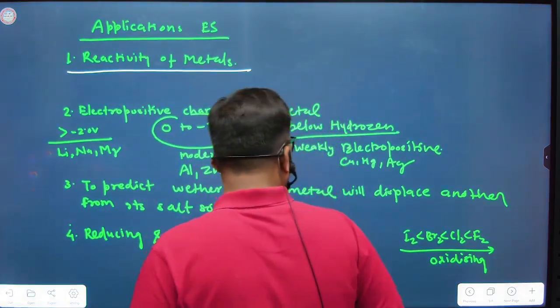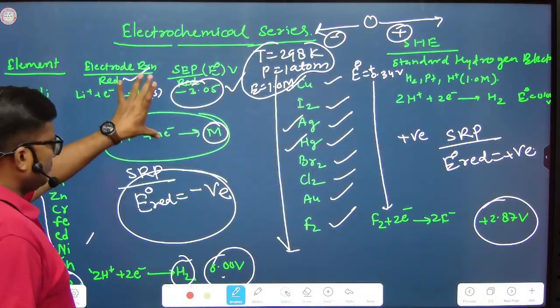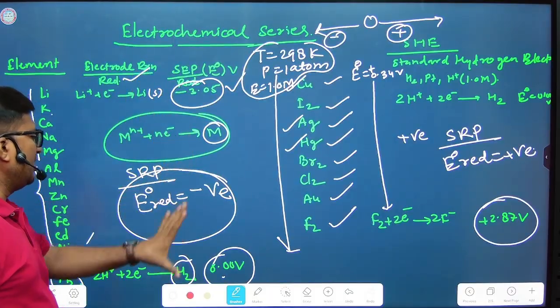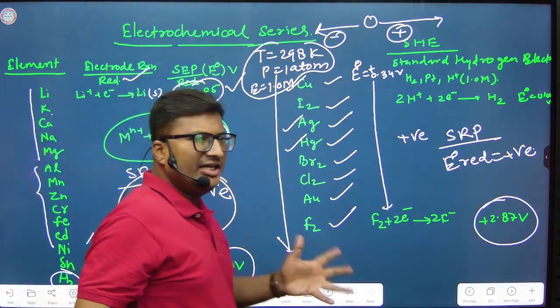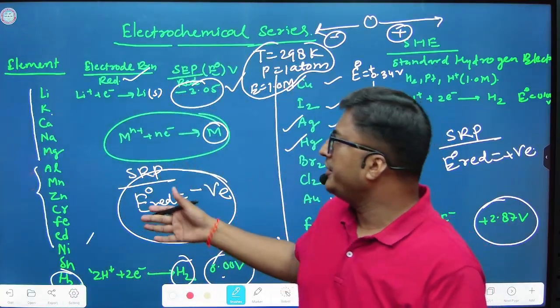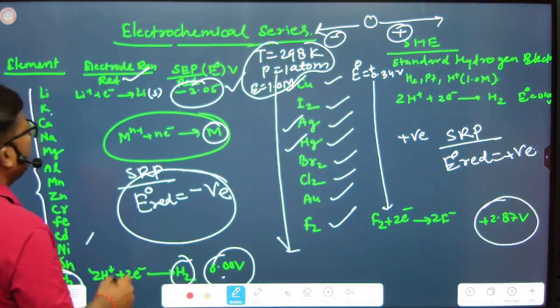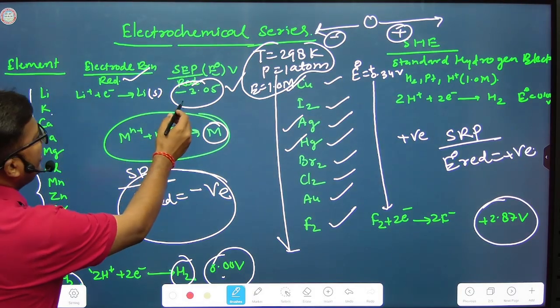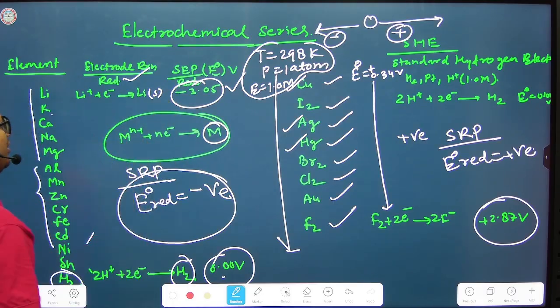or non-metals. Okay, so here all the standard reduction potentials above hydrogen are negative, right? So all negative means all these metals are highly reactive, right? Lithium has the maximum negative value, that is minus 3.05, so it is highly reactive.